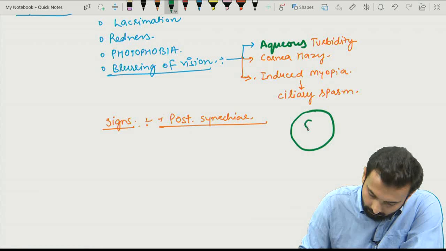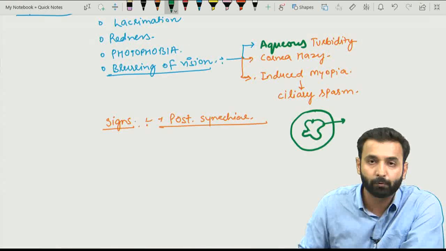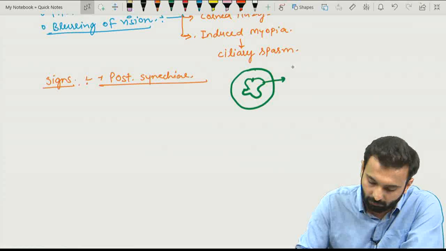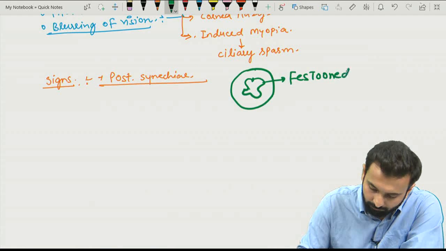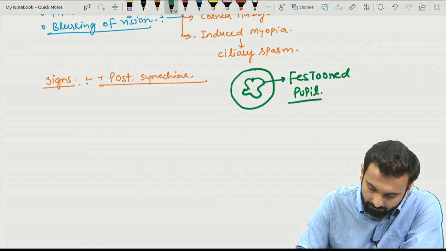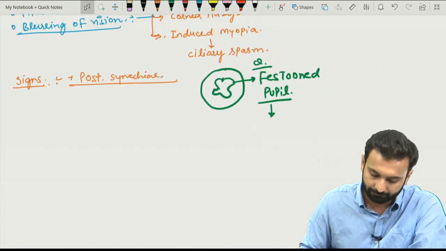This type of pupil on dilatation is known as festooned pupil. This is an irregularly dilated pupil.